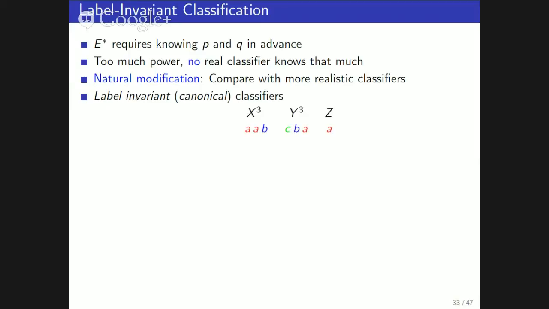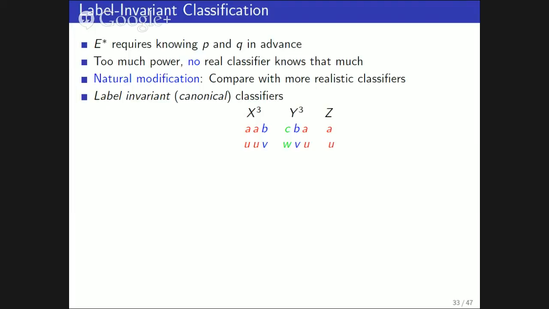Okay, so here's an example. Suppose x is AAB, y is CBA, and z is A. And so you'll classify z somehow. Now here I have another sample. So x is now UUV, y is WVU, and z is U. Can you tell me something about how you'll classify U?